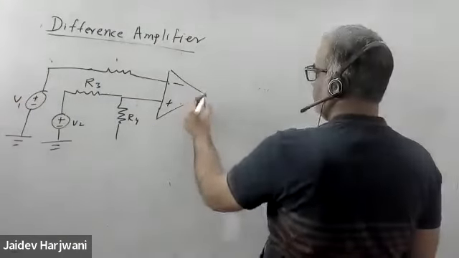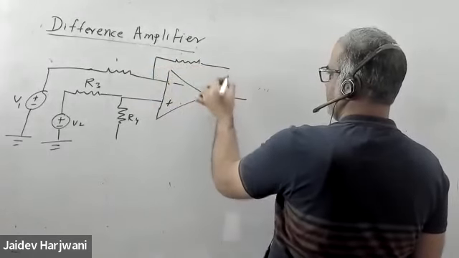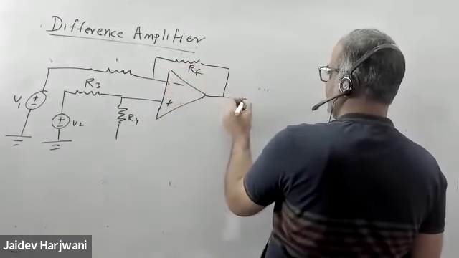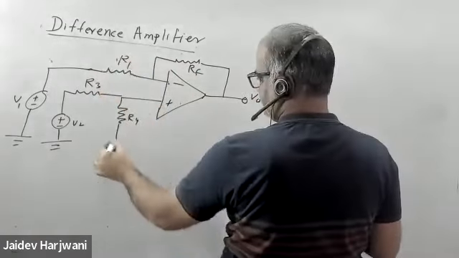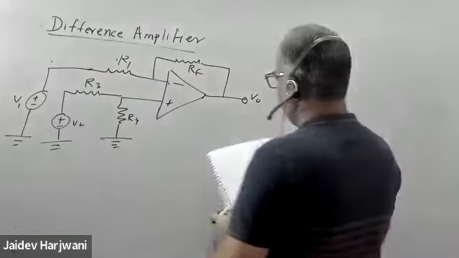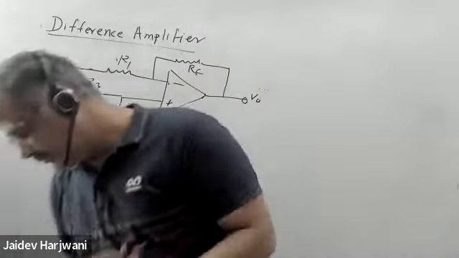And the loop feedback is again RF. Feedback is RF, and this is your V0. This is your R1. This is grounded. Okay, so find V0. What is V0?